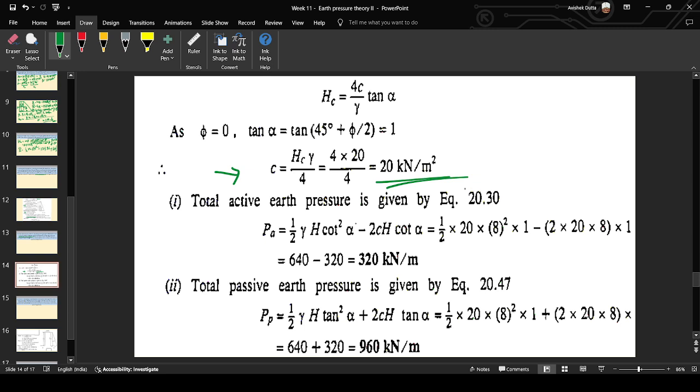Now the total active earth pressure is given here. This is Bell's equation, taken from the book. In this case, there is a mistake. When you are considering the total active earth pressure, that is the thrust per meter length of the wall, the value of H will be H square here. Please correct this.